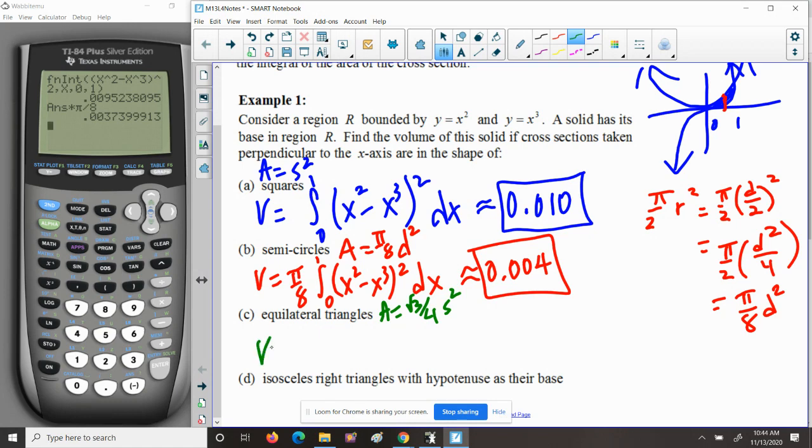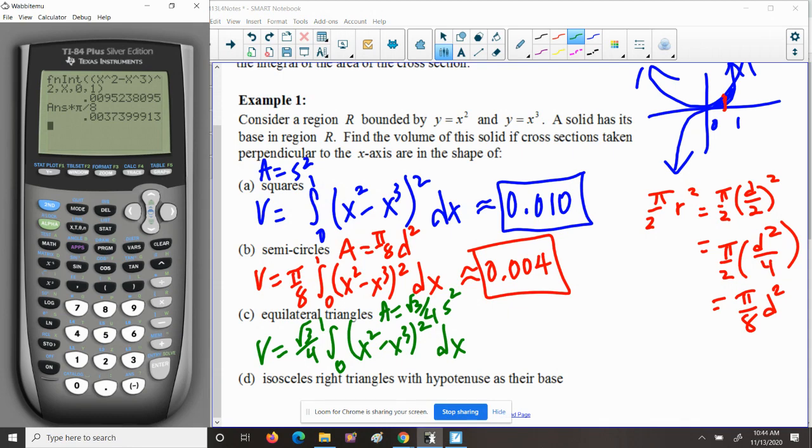So if you ever see that one, you want to take square root of 3/4 times the integral of the side squared. And side would be upper minus lower. So x squared minus x cubed again, all squared. So I don't know if this one, will this one go back up? Nope.